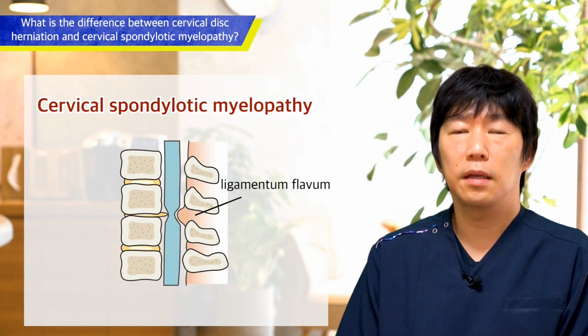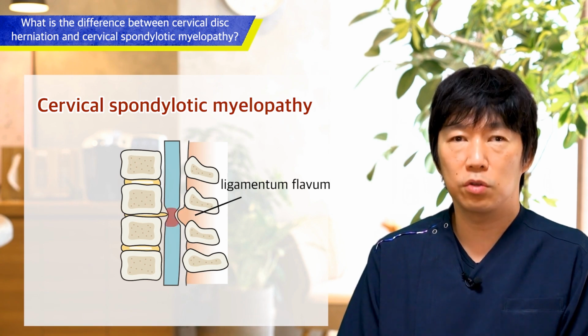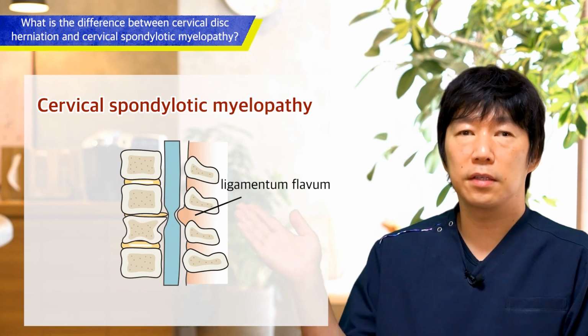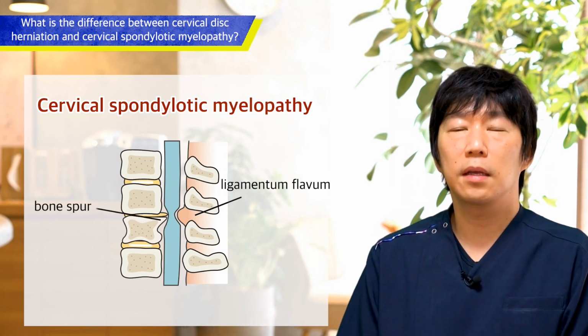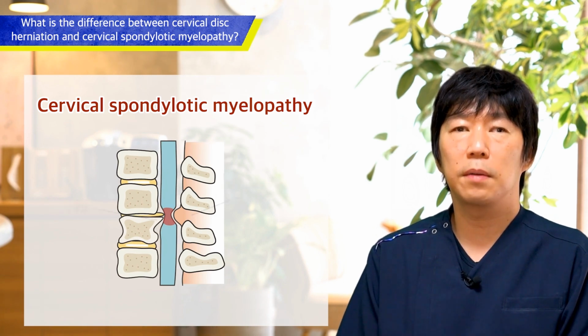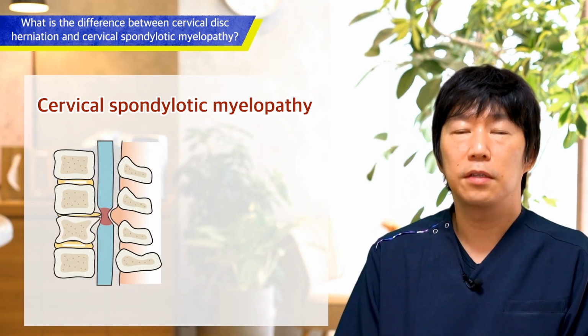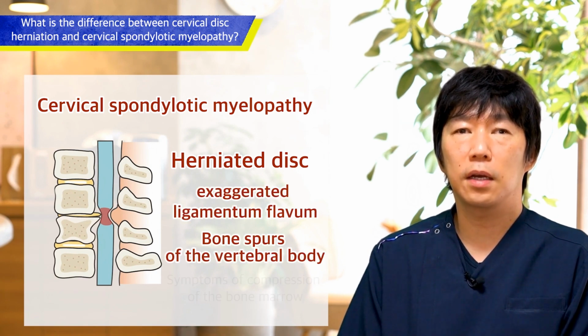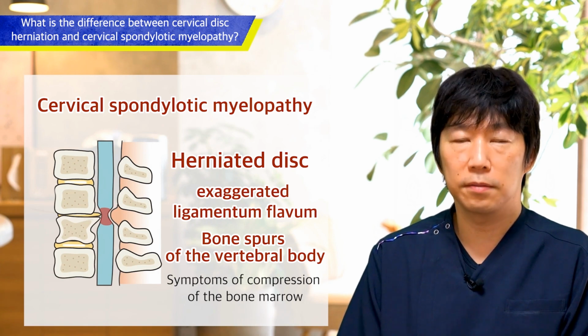As a result, the spinal canal narrows, leading to compression of the spinal cord. Furthermore, the vertebral body deforms and osteophytes form like this, which compress the nerves of the spinal cord. In other words, cervical spondylotic myelopathy refers to a condition where the spinal cord is compressed by cervical disc herniation, the ligamentum flavum, and osteophytes of the vertebral body.